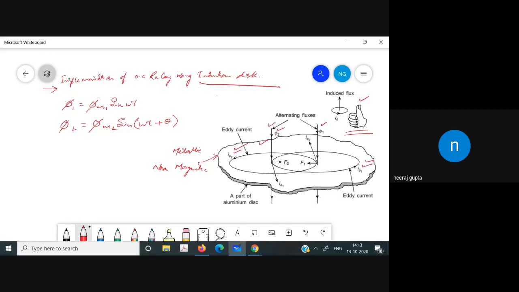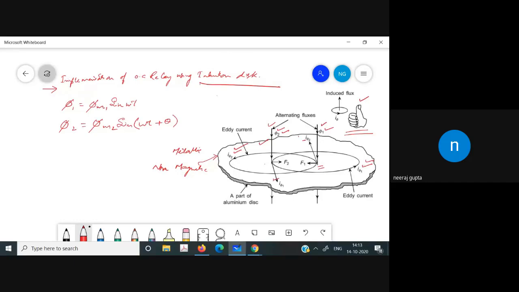Now you will see that this flux phi1 will interact with the current I phi2 at this point, and the flux phi2 will interact with the current I phi1 on this disk.